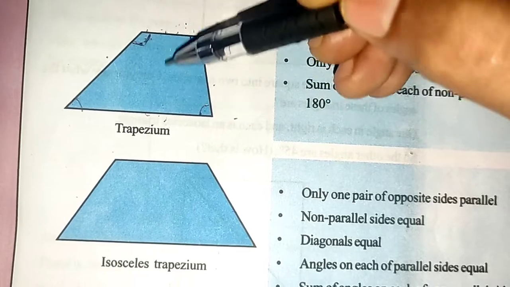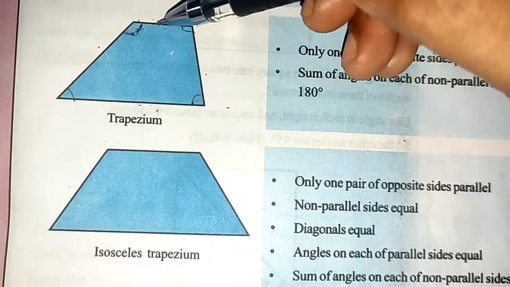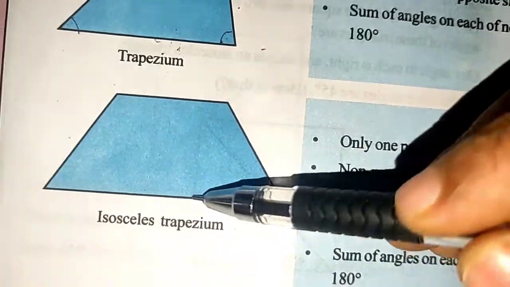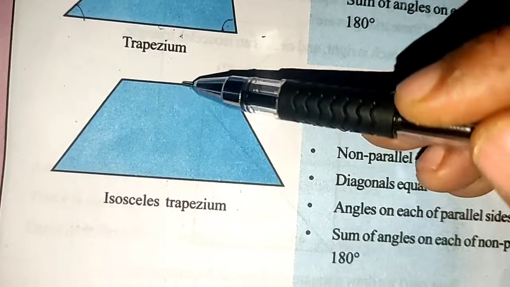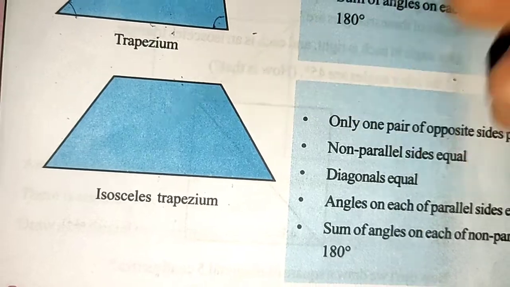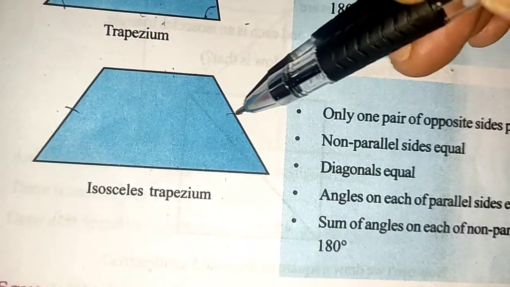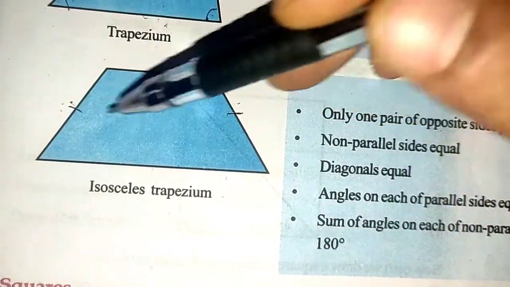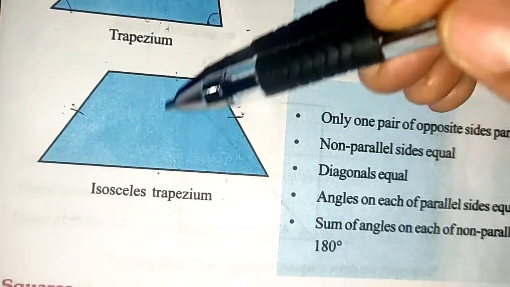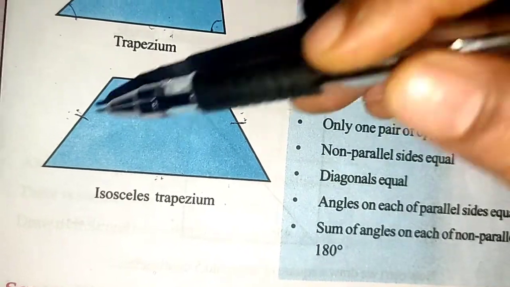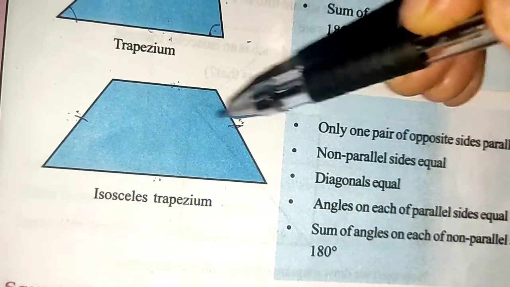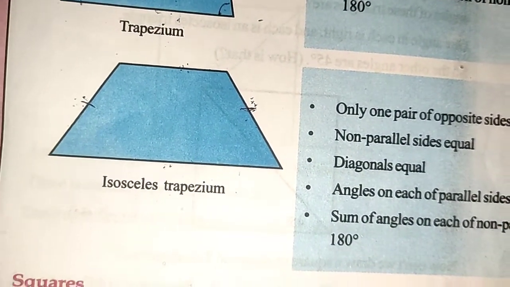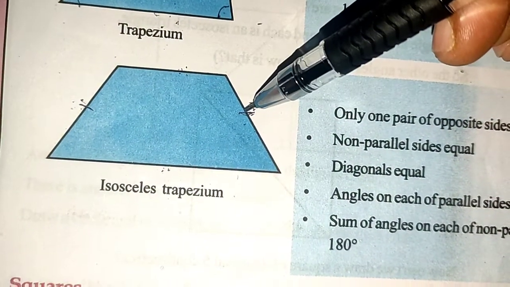Here, one pair of opposite sides is parallel, and the pair of non-parallel sides, these two sides, should be equal.